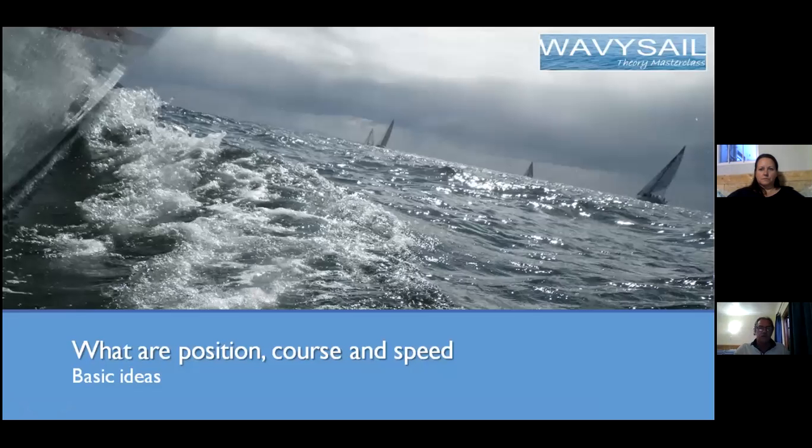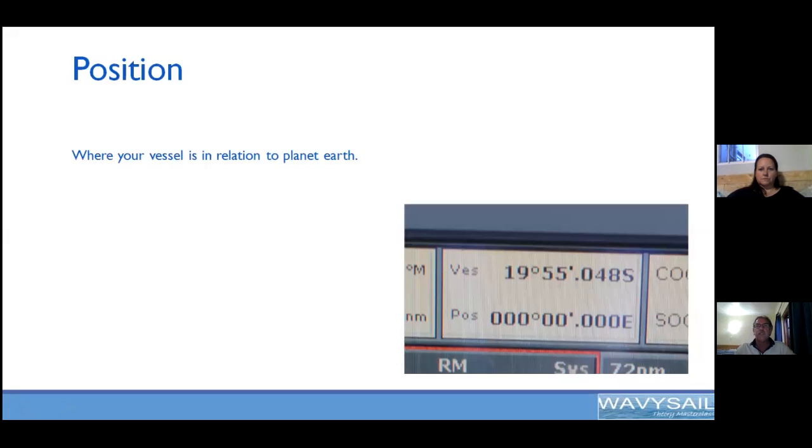So, what are position, course, and speed? Basic ideas of that. If you look in the bottom right-hand corner, these are shots that I've taken over periods of time of positions. Basically, where your position is relative to where you are on planet Earth, and it's relative versus everybody else.